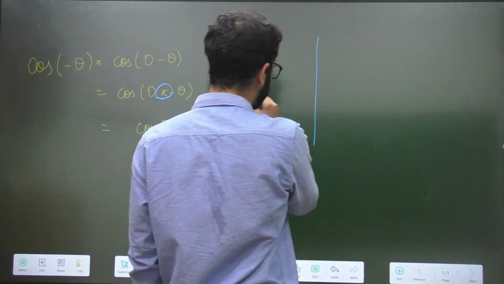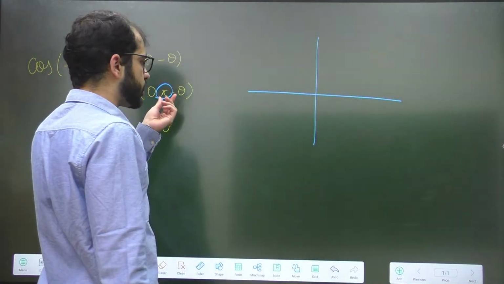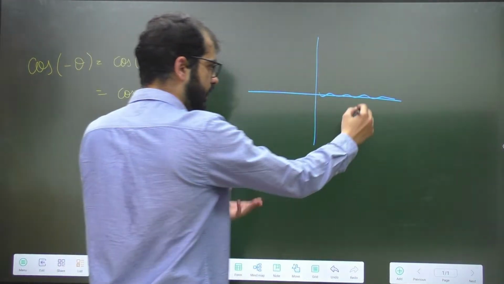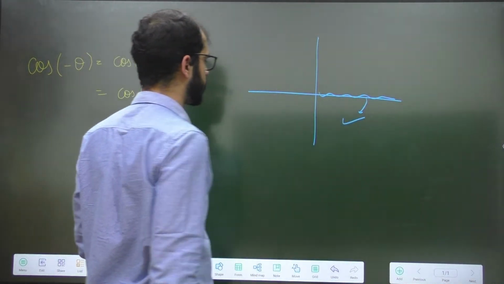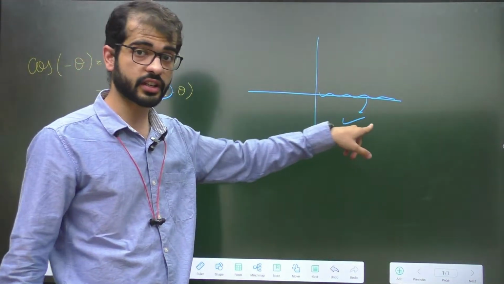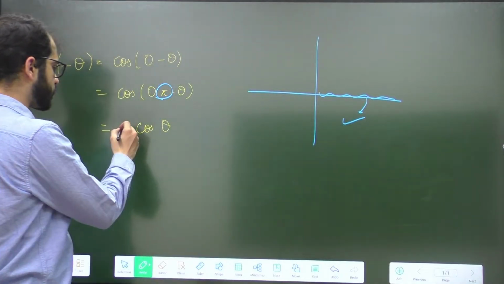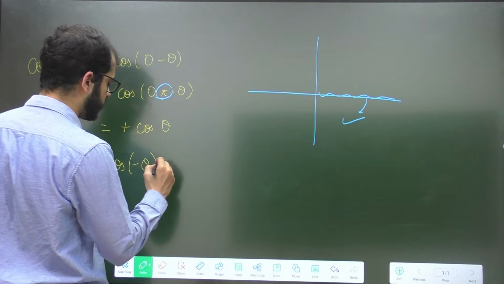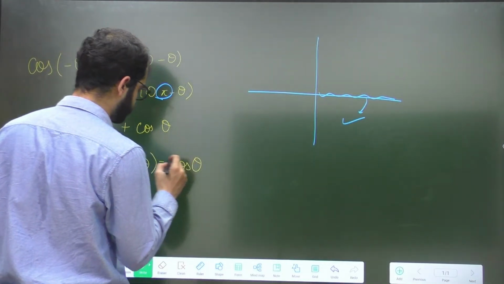In the quadrants, 0 into pi brings me to the positive x-axis. If I subtract theta from it, I'll enter into the fourth quadrant. In the fourth quadrant, cos is positive. So I'm going to put a positive sign over here. So the result is cos of minus theta equals cos theta.